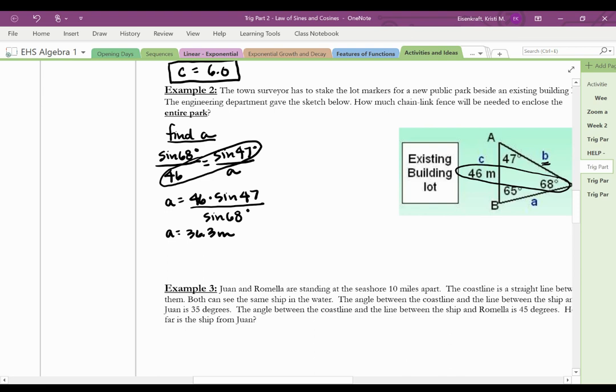Sine of angle 68 over 46 is equal to, now I need to find B, so I'm going to use angle B that's given and side B, which is what we're trying to find. 65 degrees over B. So using cross products, B is equal to 46 times the sine of 65, all divided by the sine of 68.